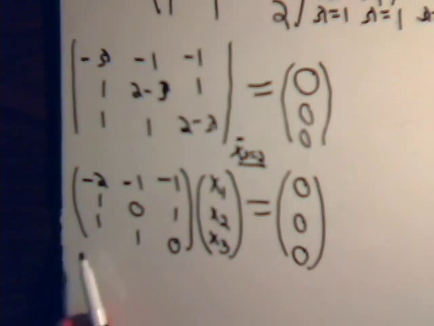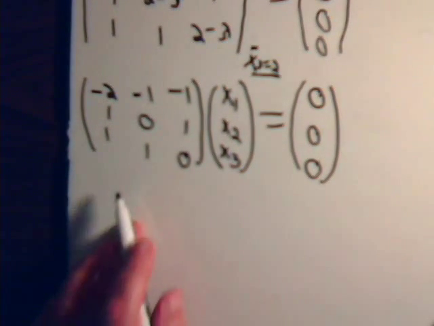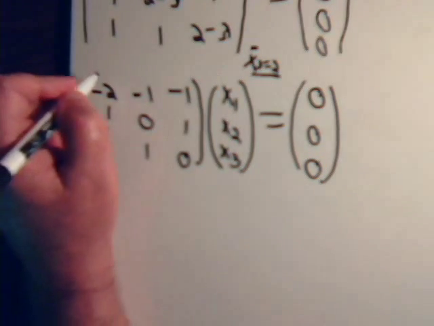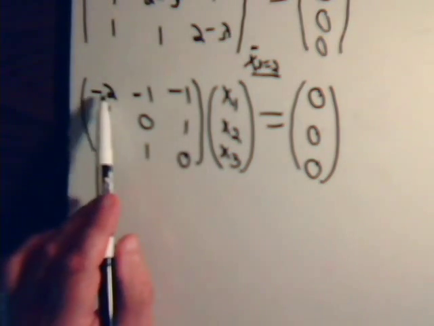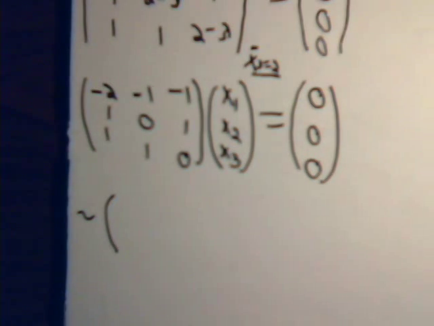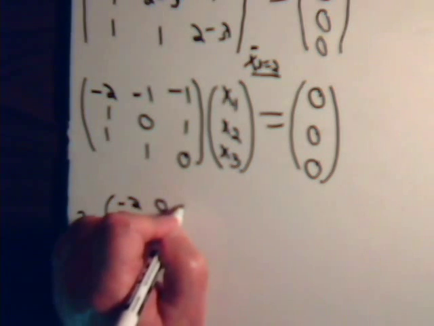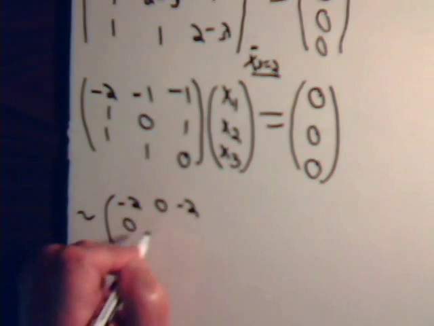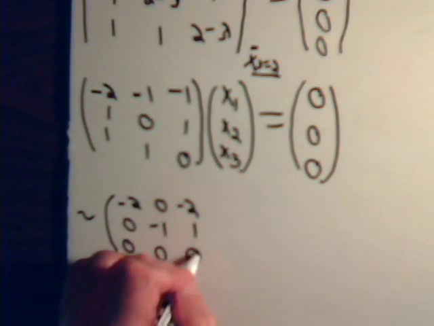And if we reduce this now, use our Gaussian elimination method and get that reduced, what we end up with is this is row equivalent to this. We multiply this by minus 1/2 and do some other very simple row manipulations. We have minus 2, 0, minus 2, 0, minus 1, 1, 0, 0, 0.